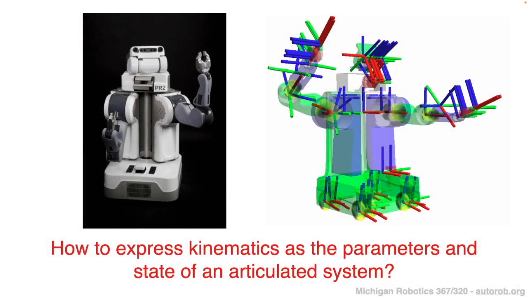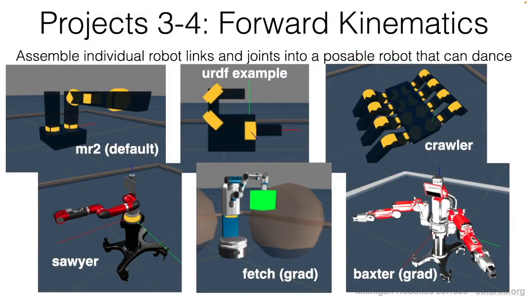As we begin to move into forward kinematics, essentially what we're going to be asking is how we can express the parameters and the state of the robot as an articulated system that will allow us to describe how it is configured within space. For this course, it comes down to forward kinematics and inverse kinematics implemented as distinct sets of projects.